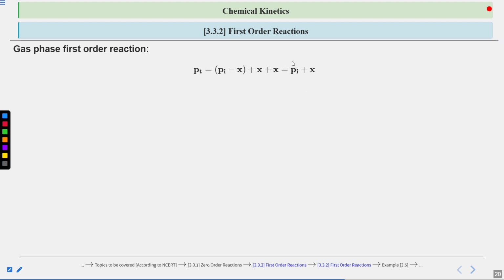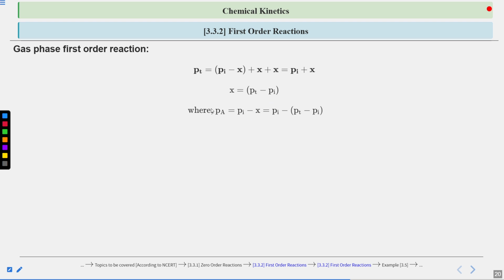This is the total pressure at some time t for the reaction. So the x value will be P total minus P initial.